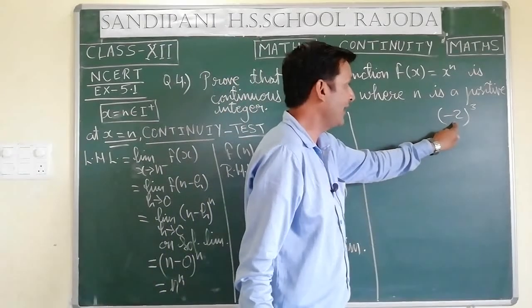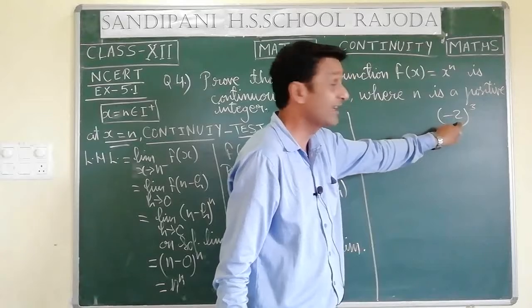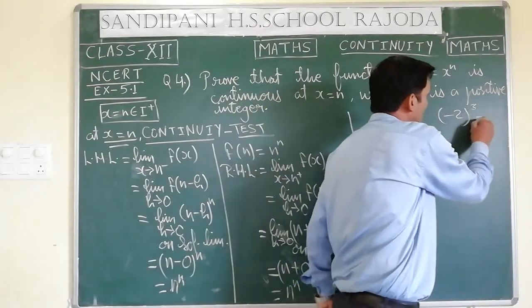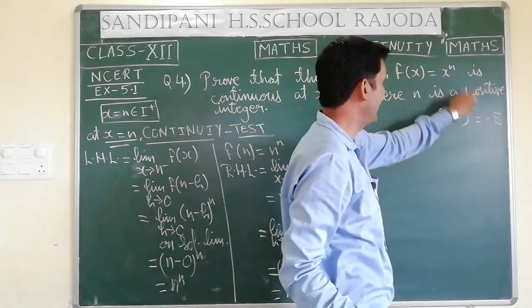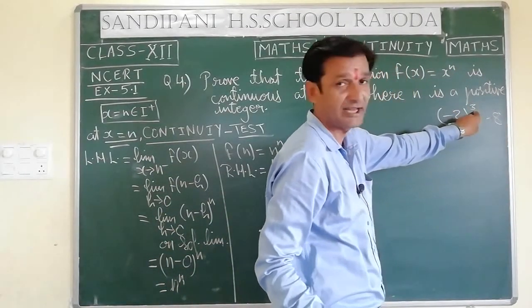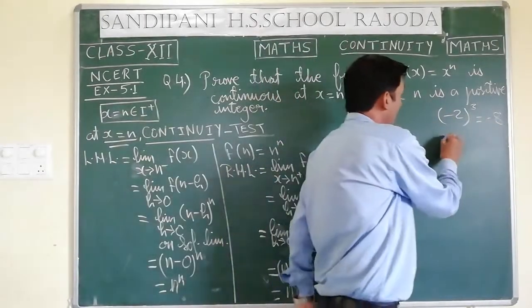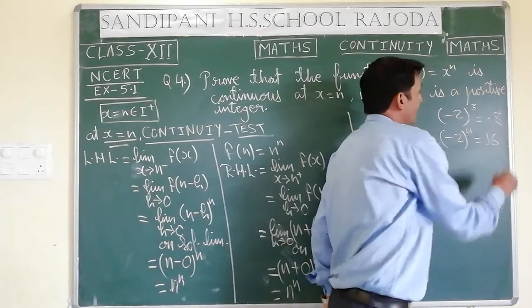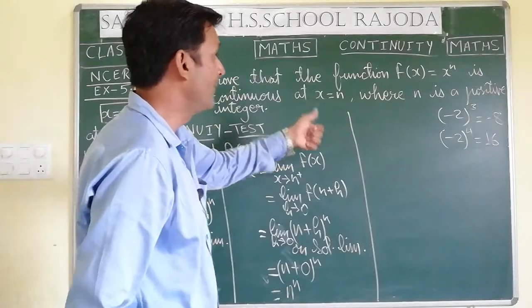This is a real number I have taken. This is an integer I have taken, but it is a negative integer. So for a negative integer, this value is negative if the power n is 3. And for minus 2 raised to the power 4, it will become positive. That's why they have assigned that we have to check it on a positive integer.